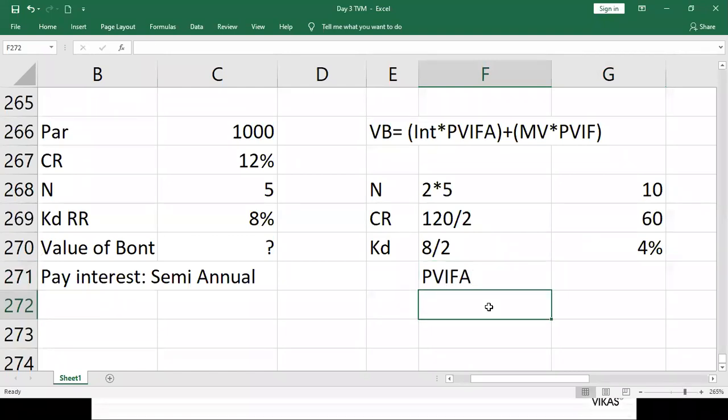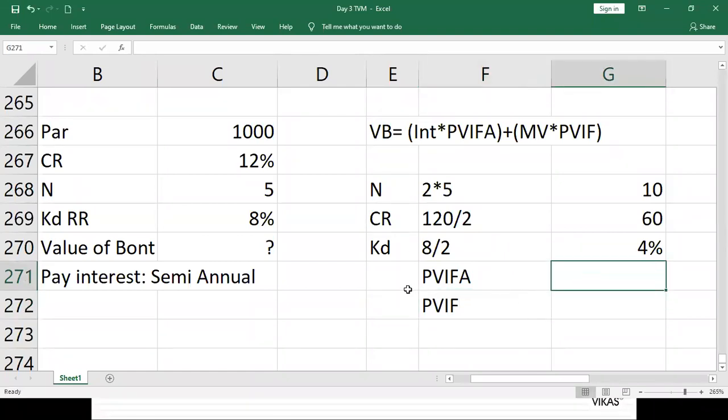Right? 4%. Now we will find PVIFA and PVIF. So what's the PVIFA? You know that 10 years at 4%. PVIFA, the period is 10.